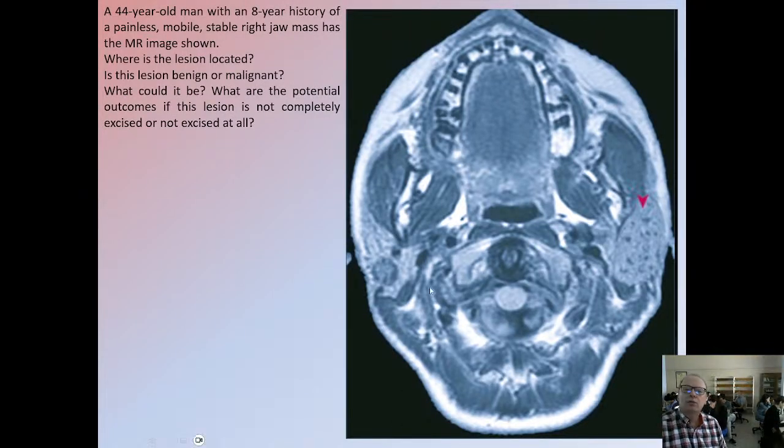Now we go to salivary gland tumors. Of course, we have major salivary glands, means the parotids, the submandibular glands, the sublingual glands. These are paired. And you have minor salivary glands in the base of the mouth and throughout the upper respiratory system.